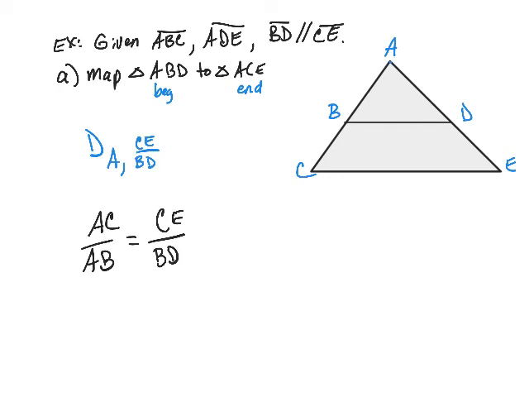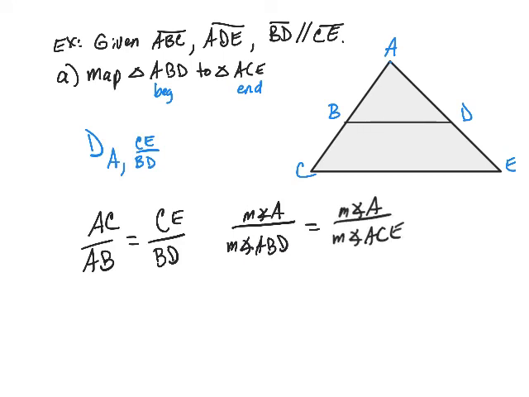That would work. You could also represent angles. So the measure of angle A over the measure of angle ABD. So angle A is here, angle ABD is here. Well, that would be equal to the measure of angle A over the measure of angle ACE, because those angles are equal to each other, and A is always equal to A.